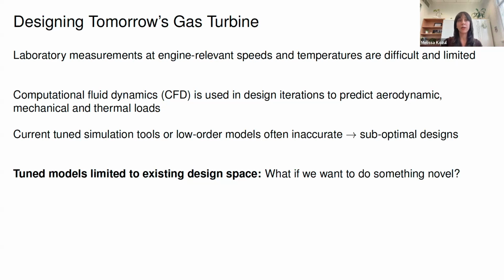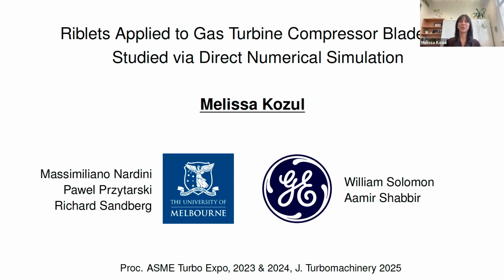So this is the problem. And this is why we then turn to direct numerical simulation, so high fidelity numerical methods, solving those equations of fluid flow directly in order to do something new, something more radical, to try to continue to support the increase in efficiency of the gas turbine, or of tomorrow's turbines, like to say.